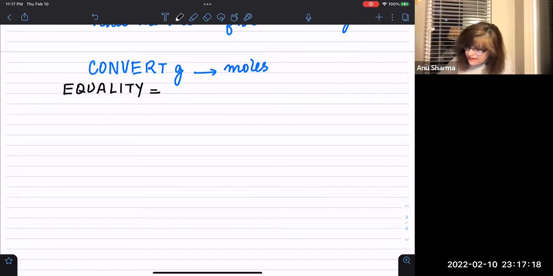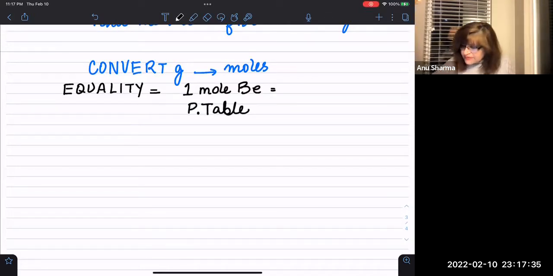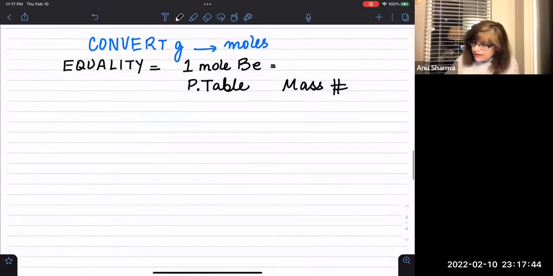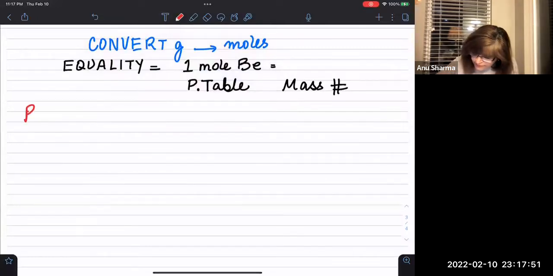You're going to see that 1 mole of beryllium. Now, what is 1 mole of beryllium? This information is in the periodic table. Look in the periodic table and get the mass number of beryllium. So whatever you see in the periodic table is per mole. Periodic table. So let's note this here.